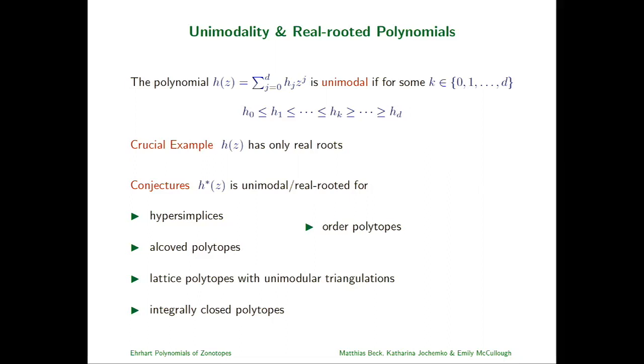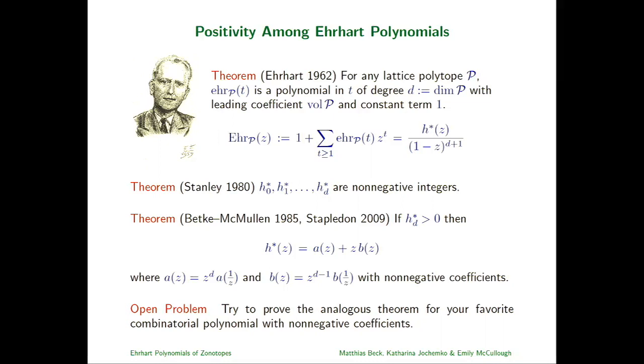And so let me tell you what's known in the Ehrhart world. If I look at this H star polynomial, I want to think of this as an actual polynomial.